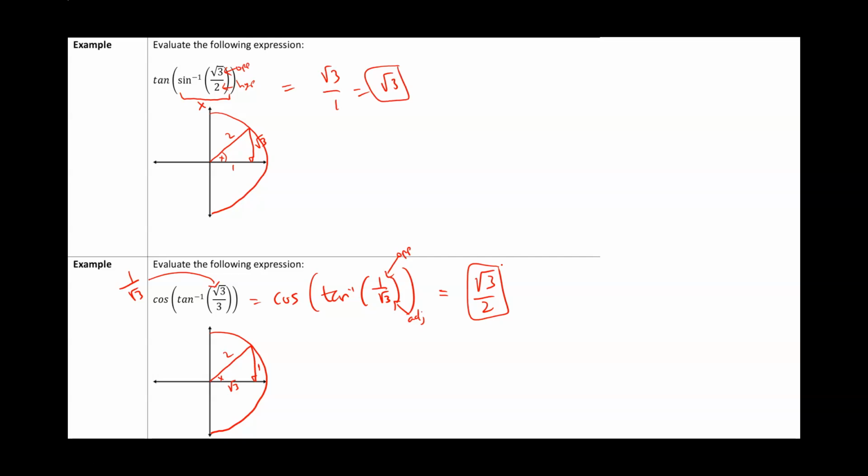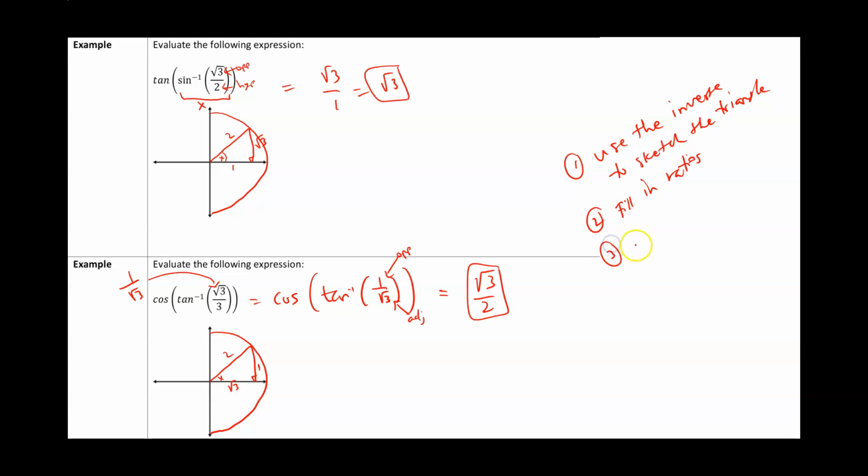So once again, the steps are: use the inverse to sketch the triangle, and then fill in the ratios.